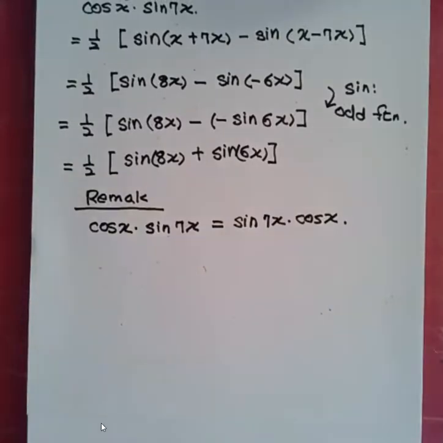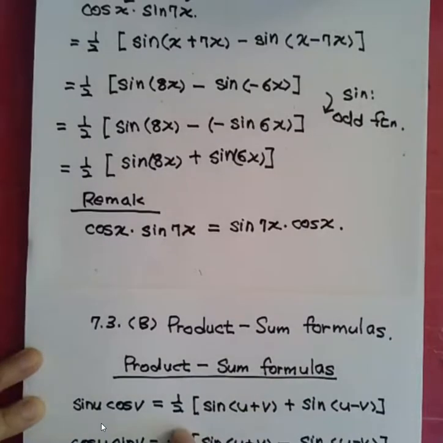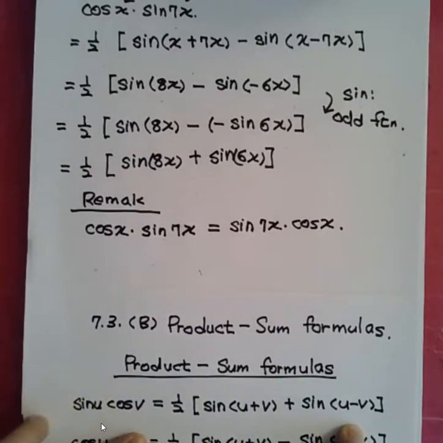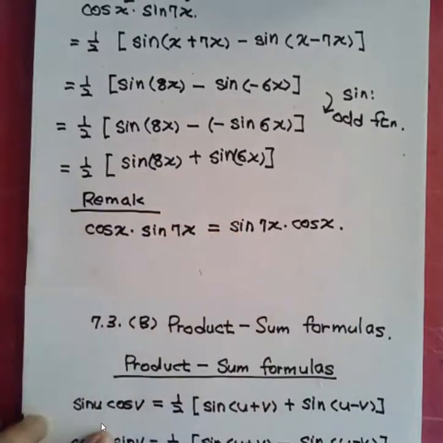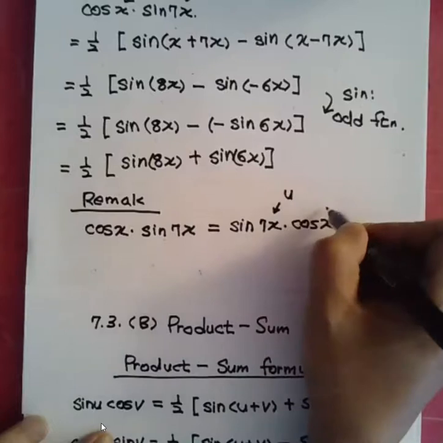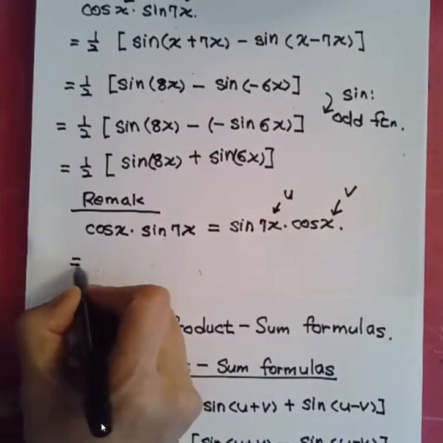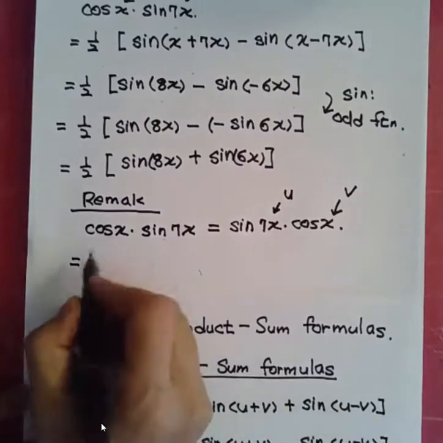Because those two are multiplied, you will use a different formula, the first formula. This time 7x becomes u and x becomes v.